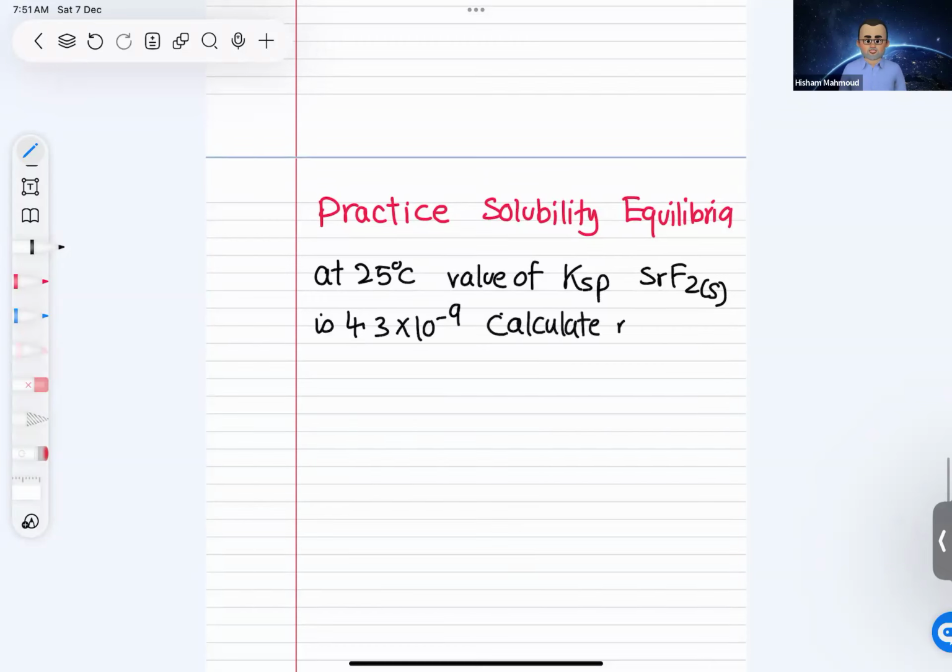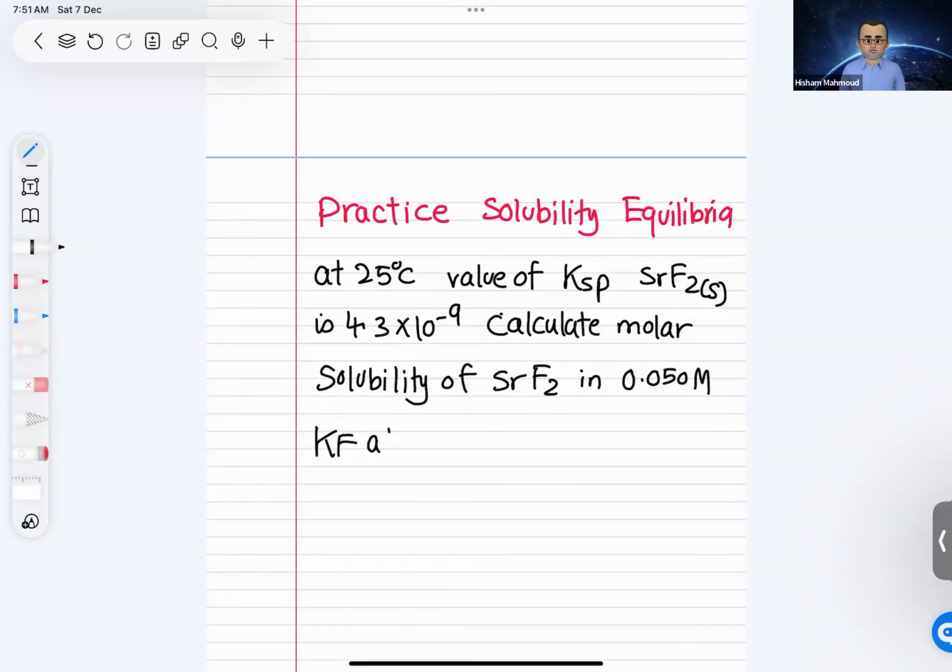Again, when he says molar solubility, or solubility, or concentration, he always means the S or the X, which is the unknown solubility of SrF2 in a solution of 0.050 molar KF at 25 degrees. No, this one we still did not take. Sorry, I'm very sorry.